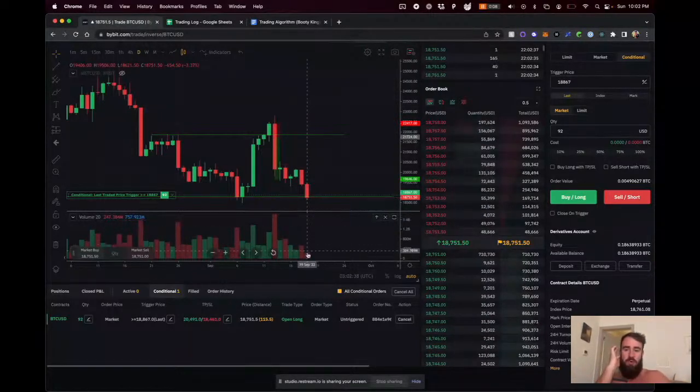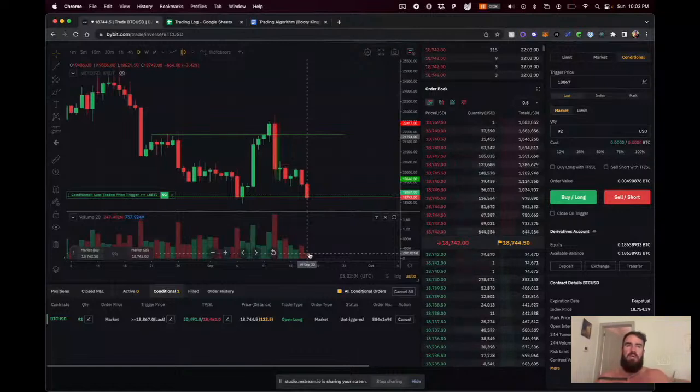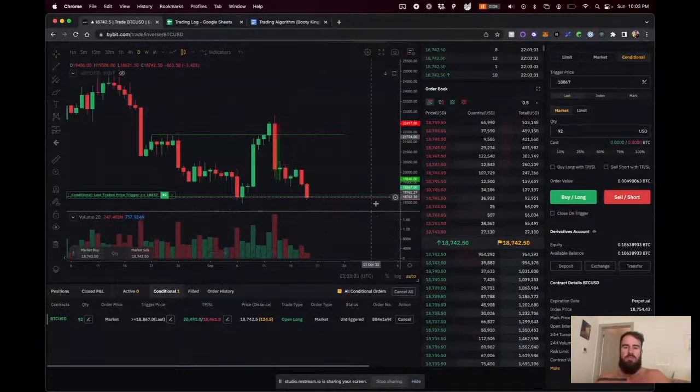You can see this volume is really low for the price change, versus maybe this candle here, which has a much smaller amount of price change, but volume is much higher. So volume is low, this price movement does not have much momentum behind it, and so it's more likely to reverse.